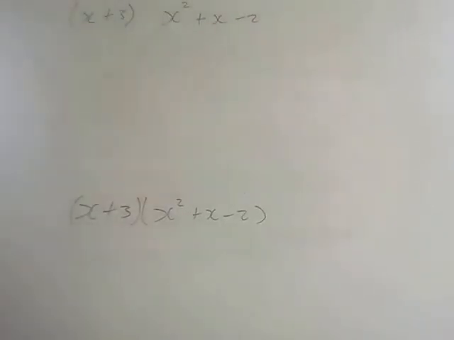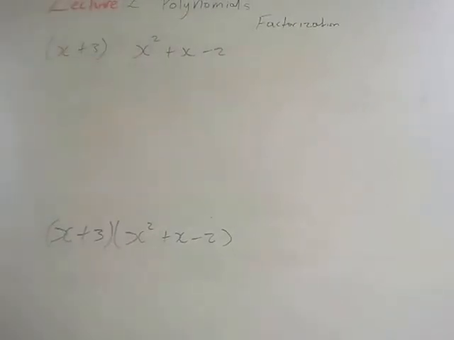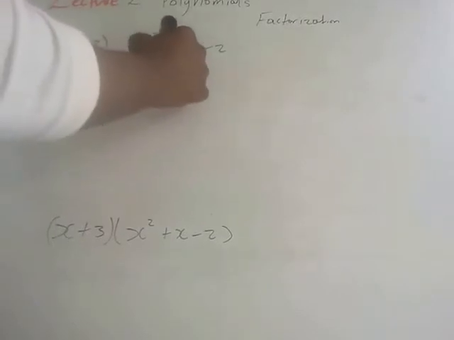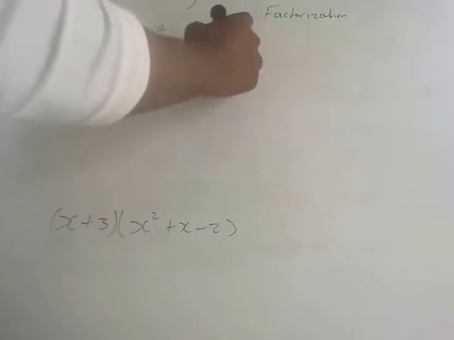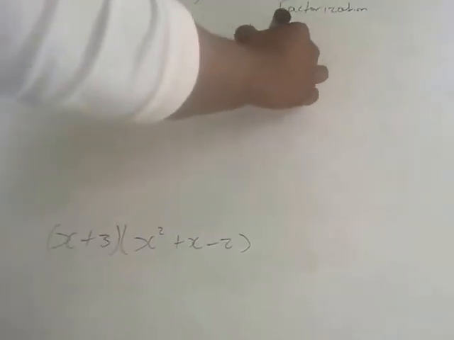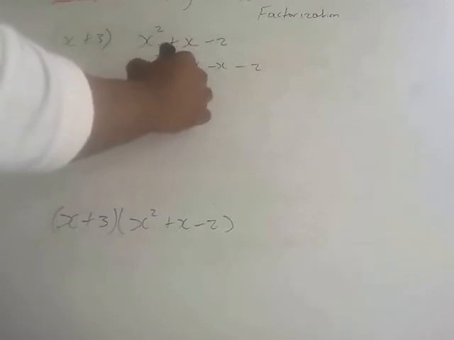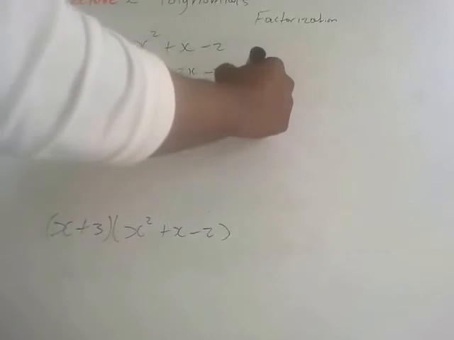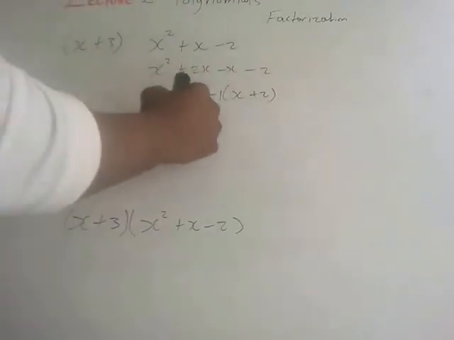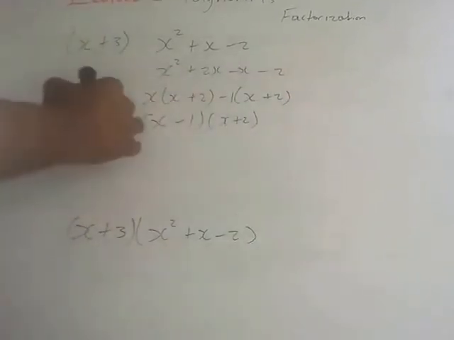Now we need minus 2, and when added, we should get a positive 1. So we have x squared plus 2x minus x minus 2. We factor out an x, leaving us with x plus 2. Factor out a minus 1, leaving us with x plus 2. So we end up with x minus 1, x plus 2.